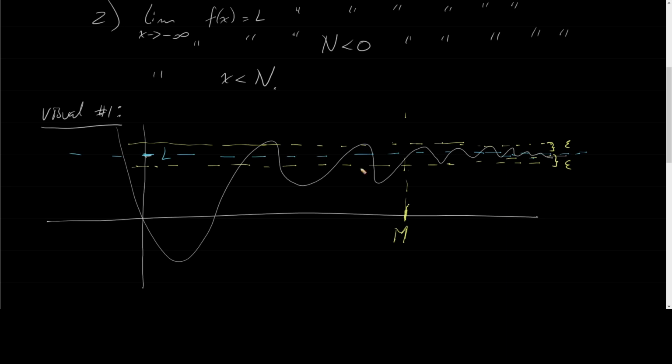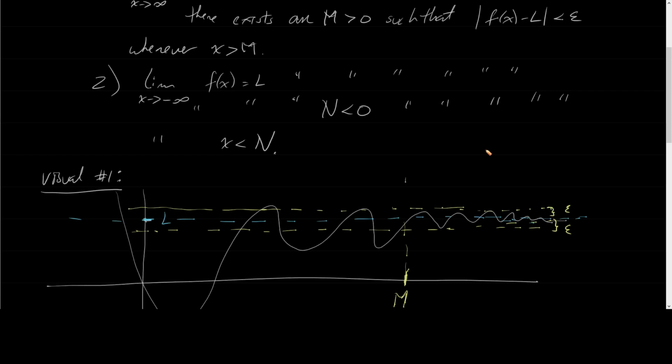I mean that after a certain point, all the y values are within epsilon distance of this line L. This is essentially called a horizontal asymptote. And by the way, the visual for the second one is the same exact idea, but now it's facing negative infinity.